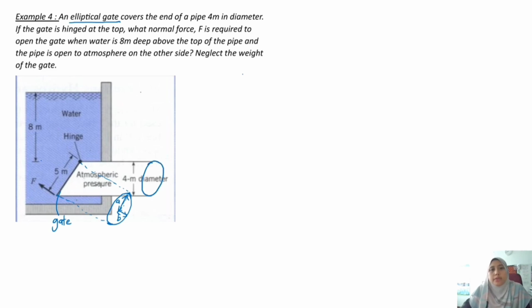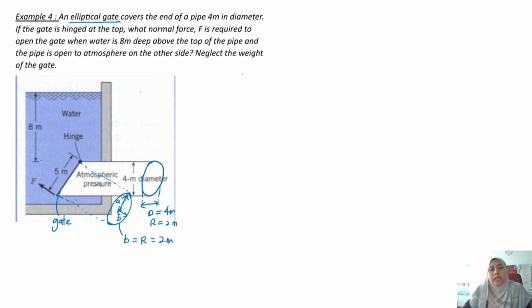So it must follow the radius of the pipe. The diameter is 4 meters, so the radius is 2 meters. So B follows the radius of the pipe, which is 2 meters.